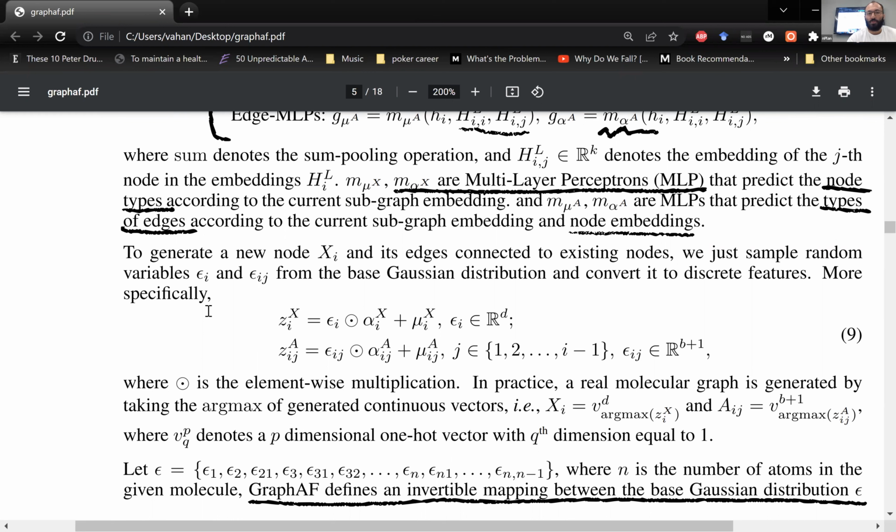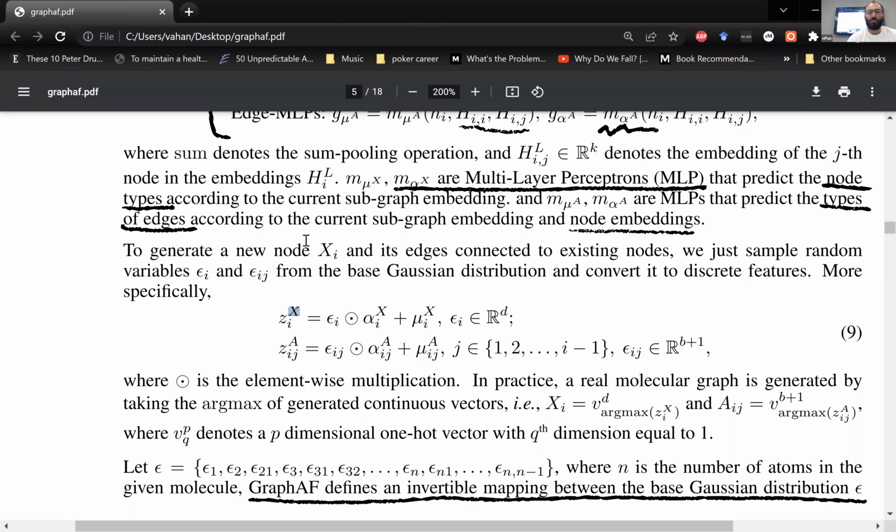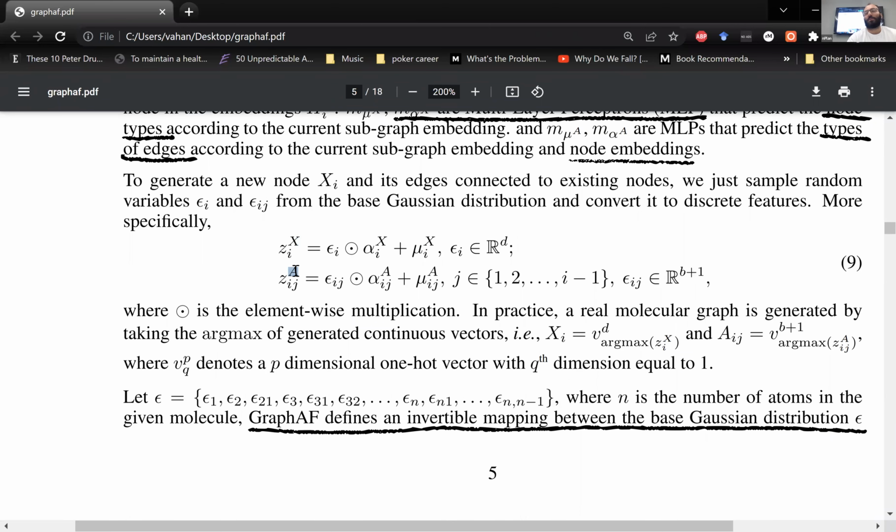Epsilon i and epsilon ij are the sampled noise for node and edge generation. Then you use those in your affine transformation to generate the z's, which give the node embedding x, and the a, I guess, represents the adjacency matrix to decide whether there is an edge or not.